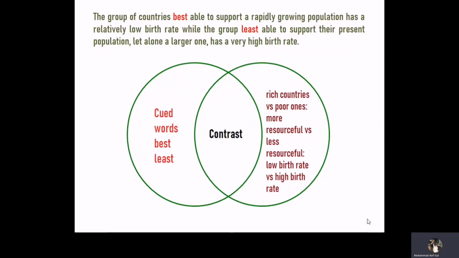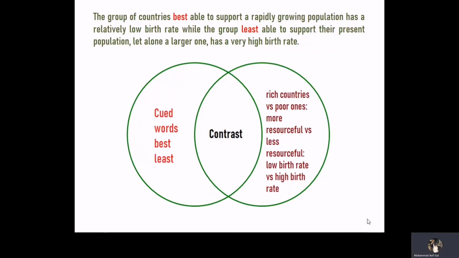So by this activity, we have been able to learn the actual message of this paragraph. In this paragraph, a comparison has been made between rich countries versus poor countries, more resourceful versus less resourceful countries. It can also be said that a contrast has been made between low birth rate versus high birth rate.